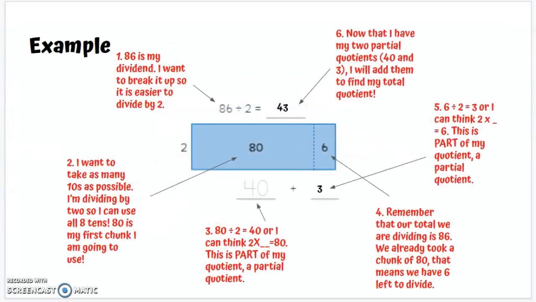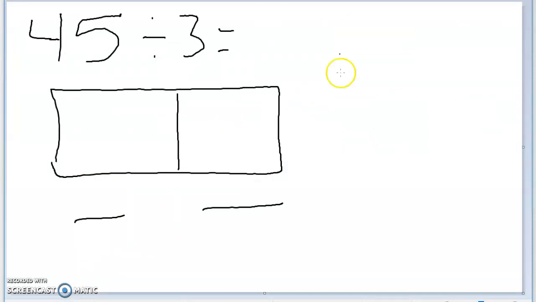One more that isn't exactly the same. 45 divided by 3. You cannot put 40 in that first box because 40 does not divide by 3, so you have to figure out what other numbers 45 can be split into. If we put a 5 right here, you cannot do 5 divided by 3. But let's see, we'd have 10, 20, 30, 40. 40 doesn't work, so let's go down to 30.